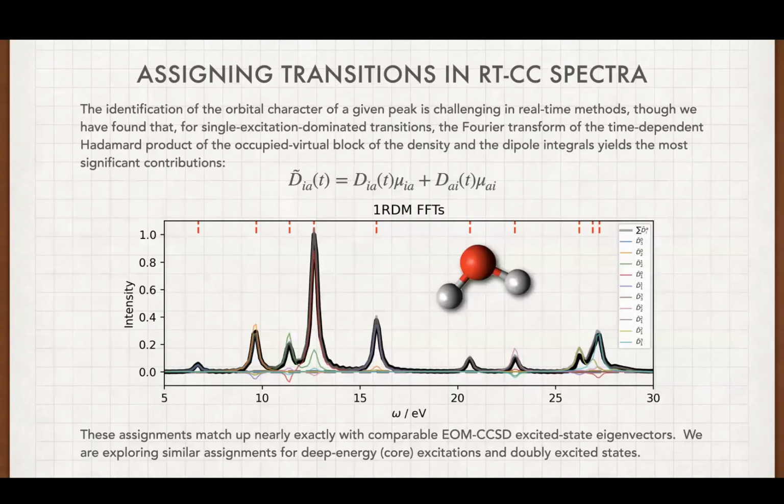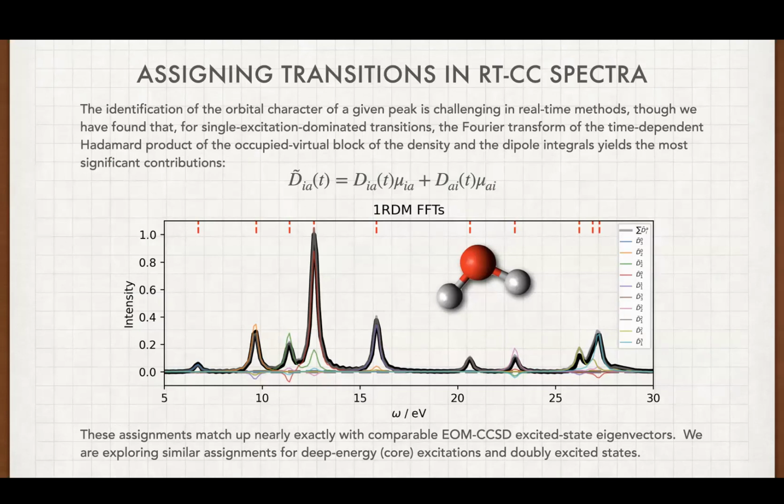You can also decompose the density as a function of time and identify the key components of individual peaks. So you can identify key transitions. One of the criticisms of real-time or time-dependent methods is that it's hard to extract information about the individual excited states. But I think with the individual density components, you can do this because we can make direct comparisons.